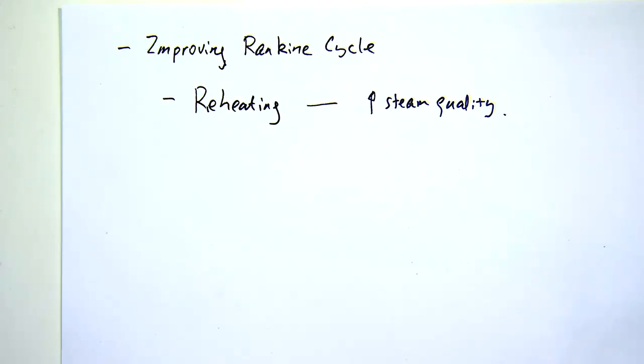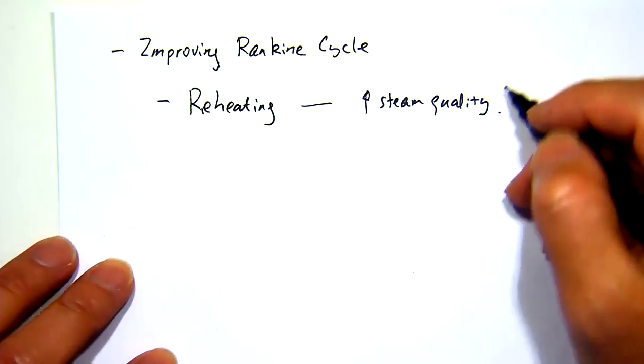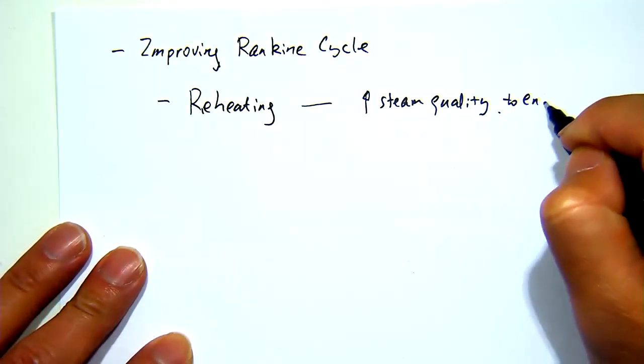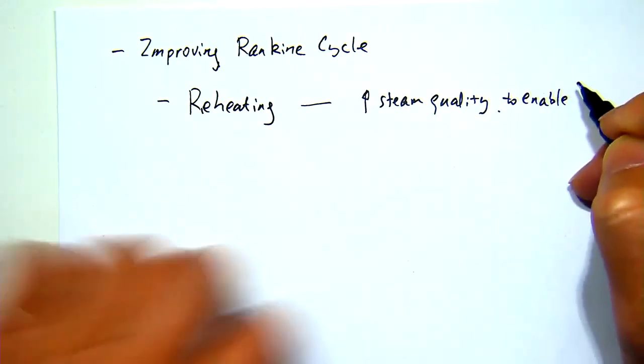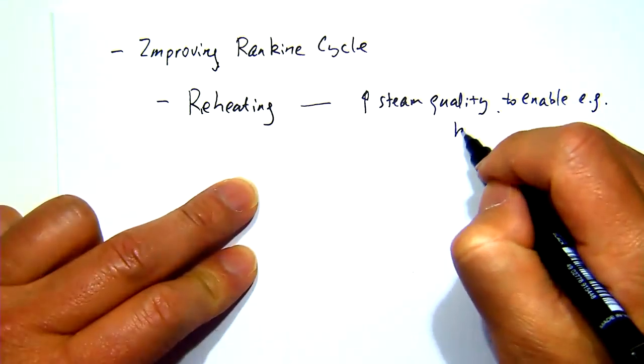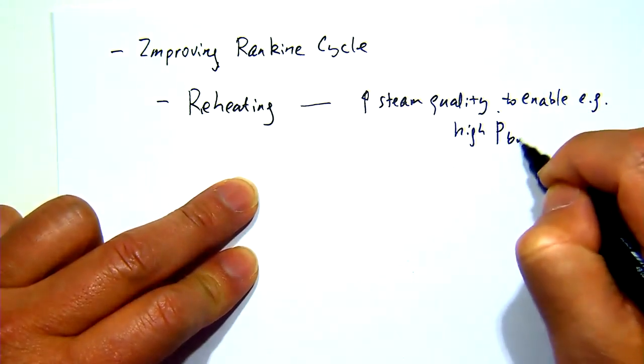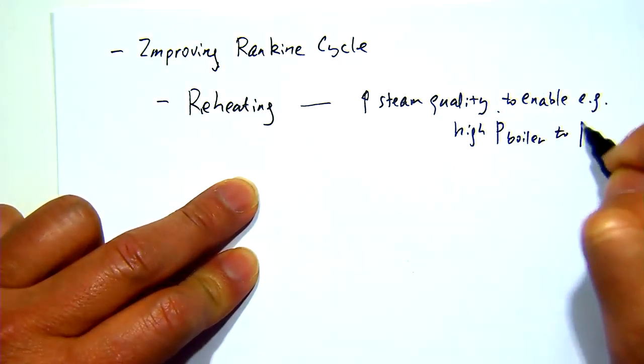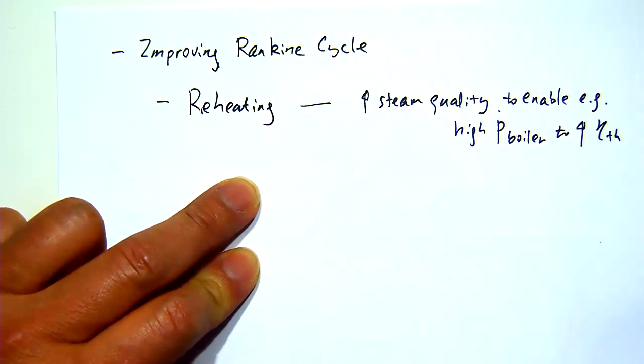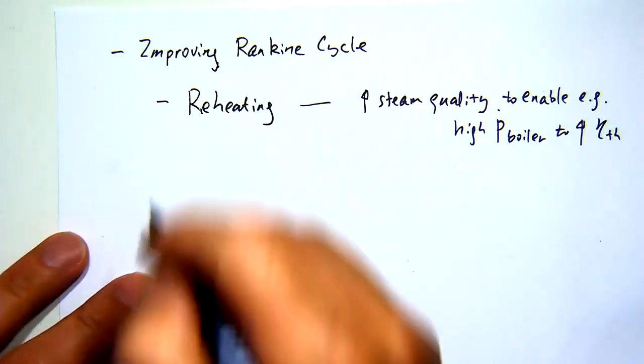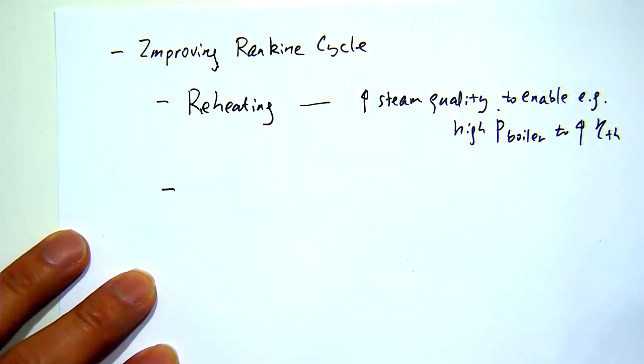For example, the high pressure in the boiler, so that you solve the low quality steam problem. To enable, for example, higher boiler pressure to increase the efficiency. All right, so that's one practical modification of the basic Rankine cycle.